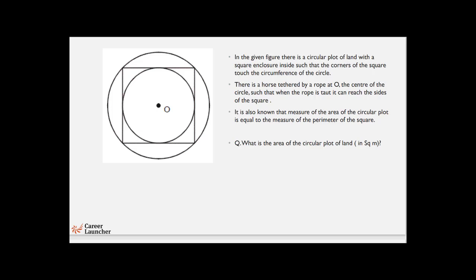Now, before solving this question, there is a standard result that I think you all should be aware of: whenever we have a square inscribed inside a circle, there is a definite relationship between the side of square and the radius of circle.